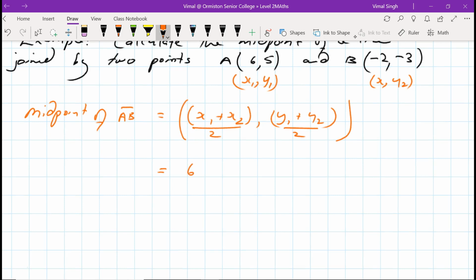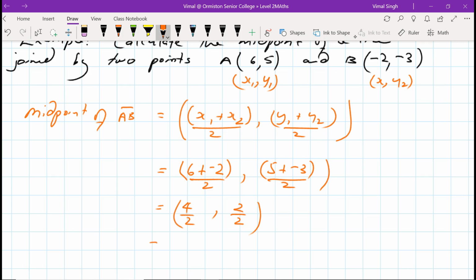I've got 6 plus -2 divided by 2, 5 plus -3 divided by 2. So 6 plus -2 gives me 4 divided by 2, 5 plus -3 gives me 2 divided by 2. And so this will give me 2, 1. So the midpoint of line AB is at 2, 1. Thank you.